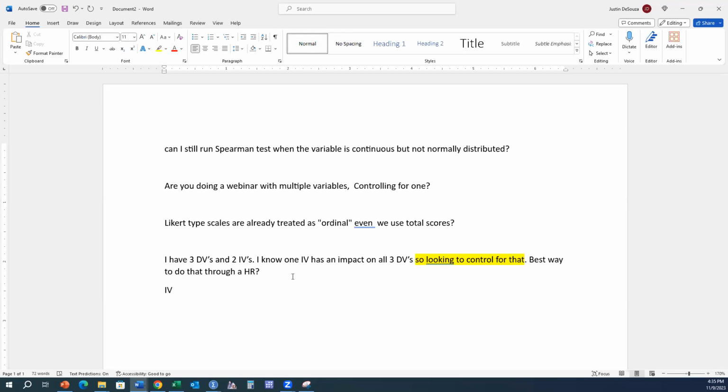You could do a multiple regression with your two IVs predicting DV1, and just rinse and repeat for DV2 and DV3: three separate regression models. Without a control variable, I don't think you need to do hierarchical regression.